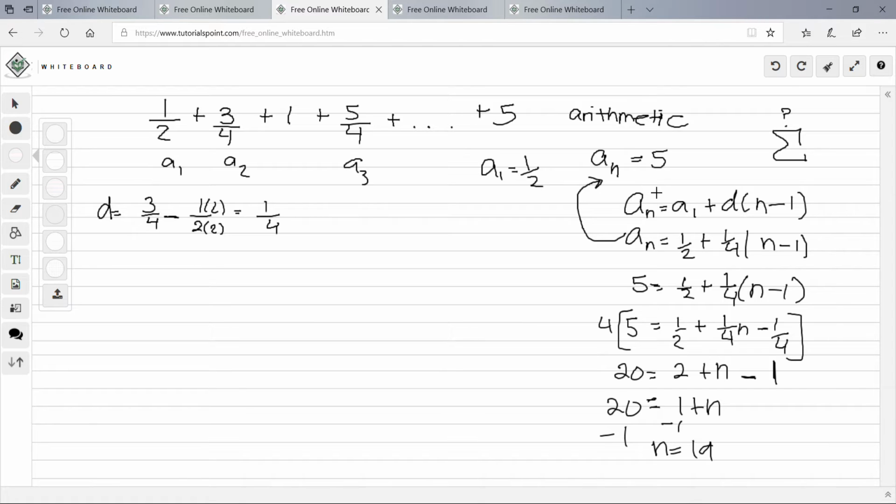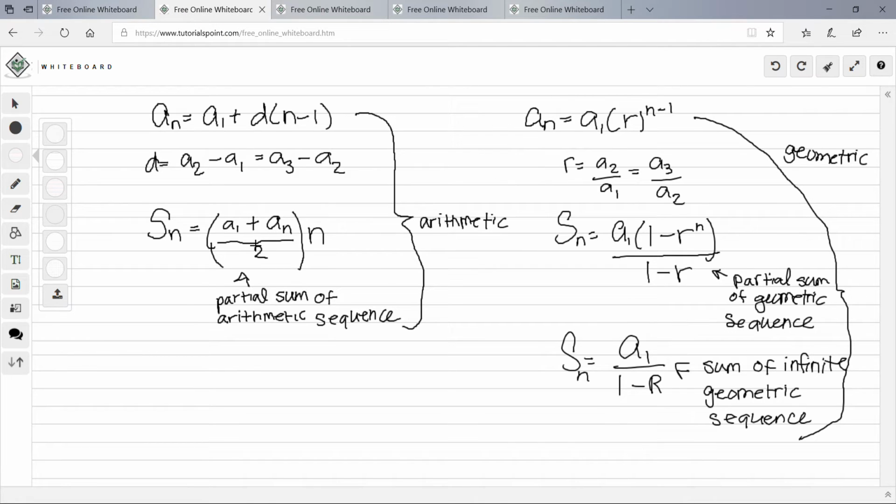So our limit is 5, right? That's our limit. They're not asking for a formula, we just got to find the sum up to the limit. This is a partial sum of an arithmetic sequence.